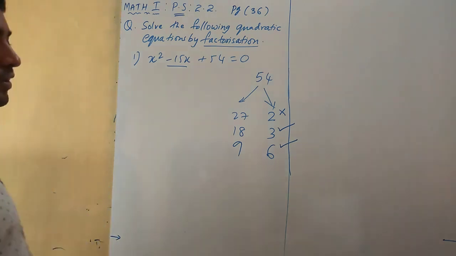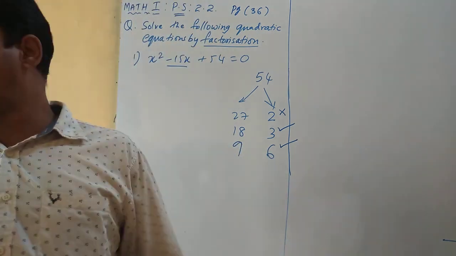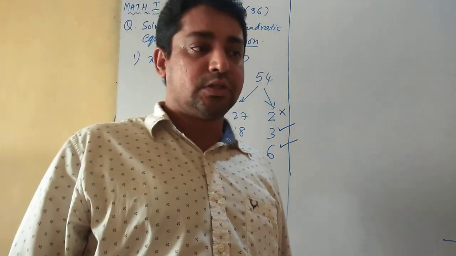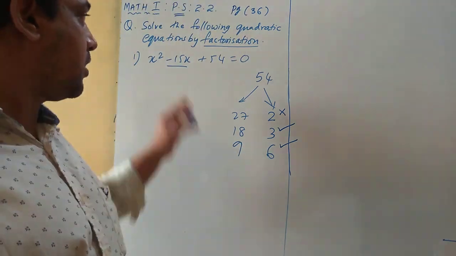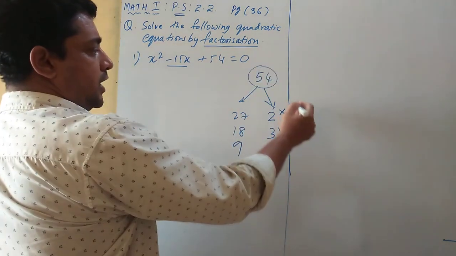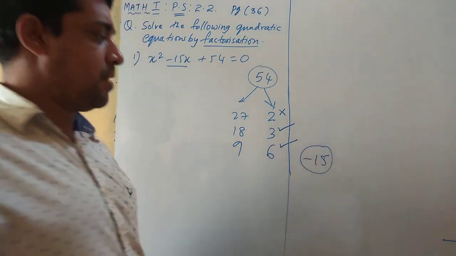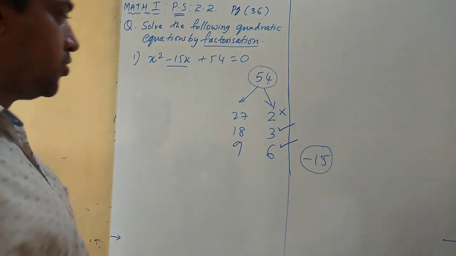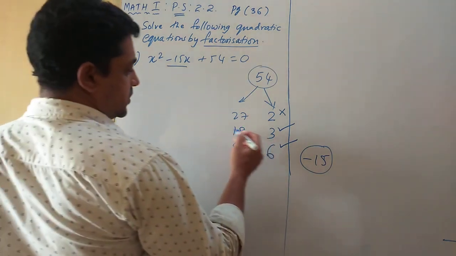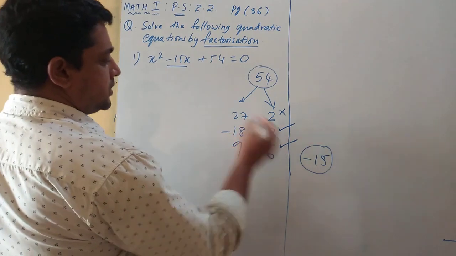So what is to be done? For that we will use the addition and subtraction of integers. Let's check. I told you 54 as the product, but I should also get minus 15 as the sum. So here, suppose I am taking minus 18 plus 3.